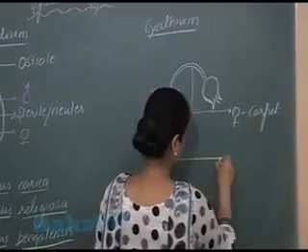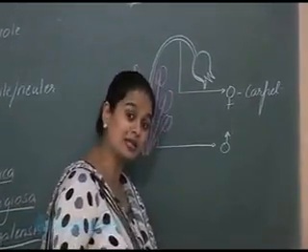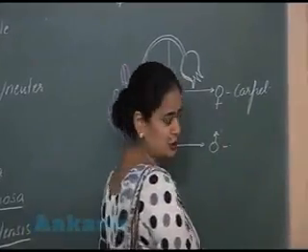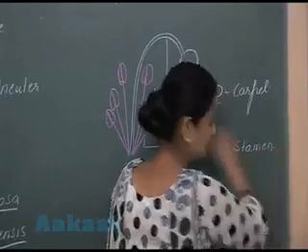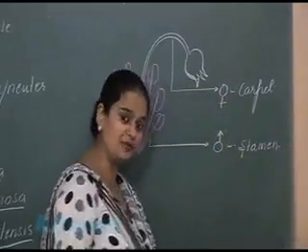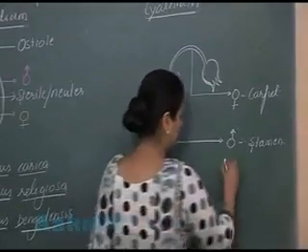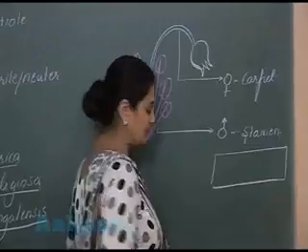Similarly, you can see here in the male flowers, sepals and petals are absent. There is only the androecium, the male part, that is the stamen. Such flowers where the sepals and petals are absent are known as achlamydeous flowers.